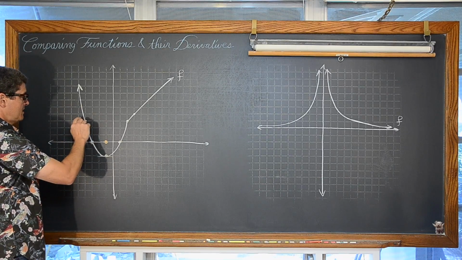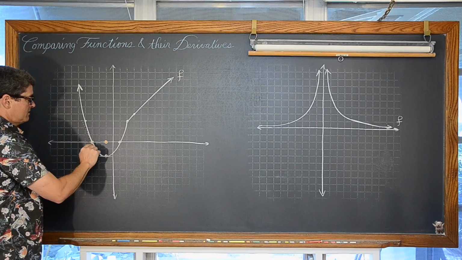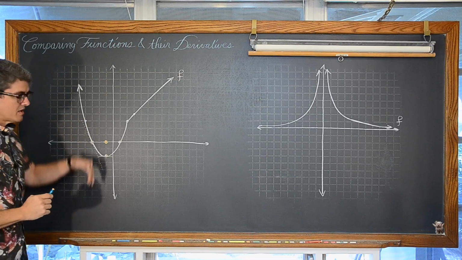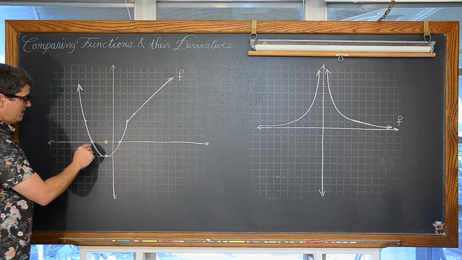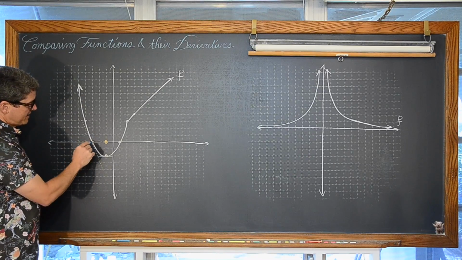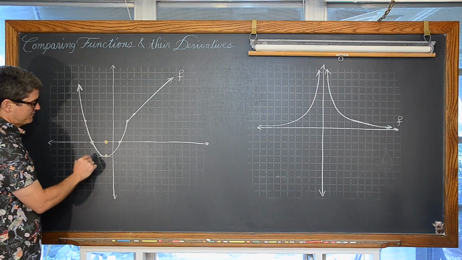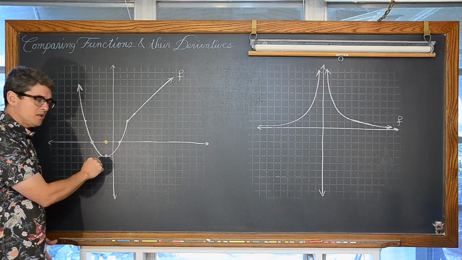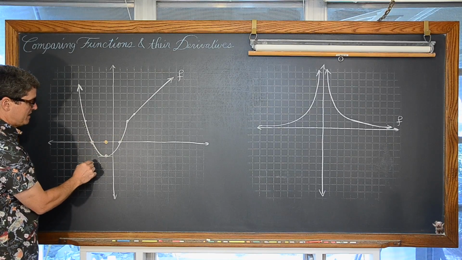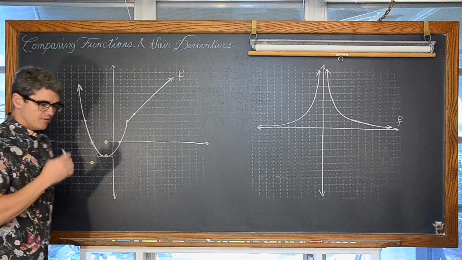Well, if I very lightly dot in what might appear to be a good representation of a tangent line, it seems like at least at x equals -3, that tangent line has a slope of -3 over 1. So at x equals -3, my derivative should be giving me a value of -3.